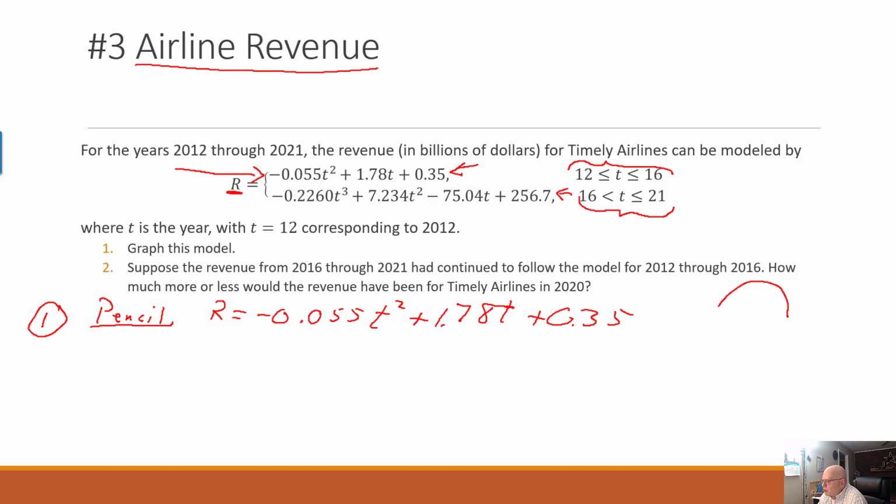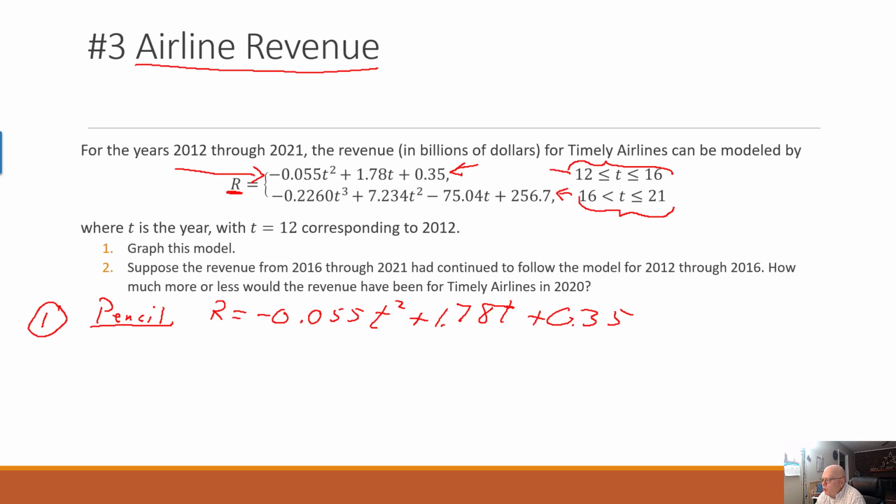You only want it for 2012 to 2016, or 12 to 16. So what you can do is this. I'm going to change this to an eraser. So what you can do is you can erase, oh, I guess it erased too much. You can erase everything. Let me get the pen back. There, here's the pen.